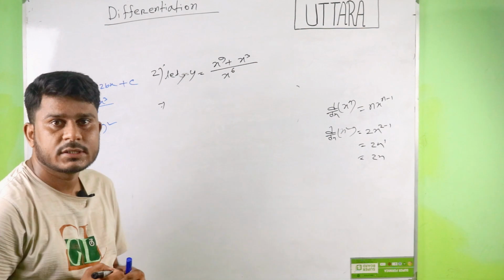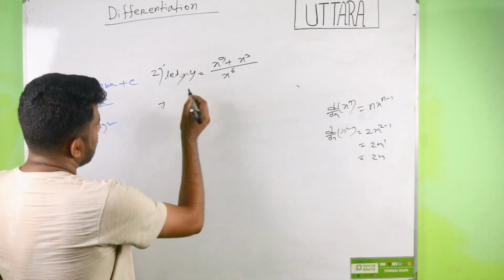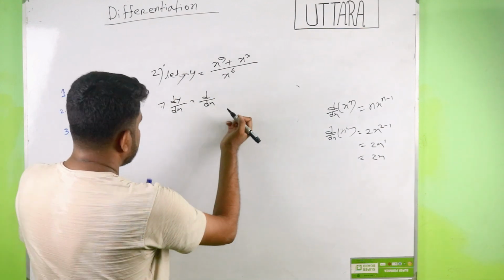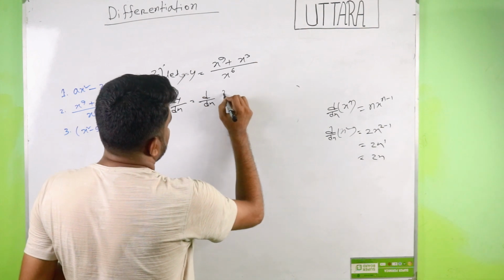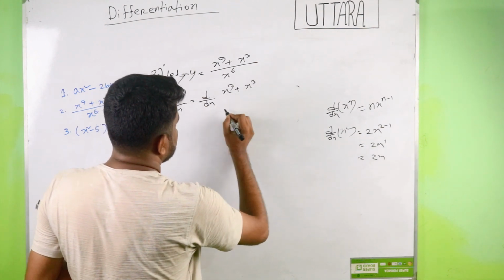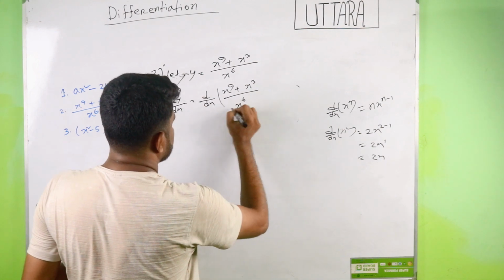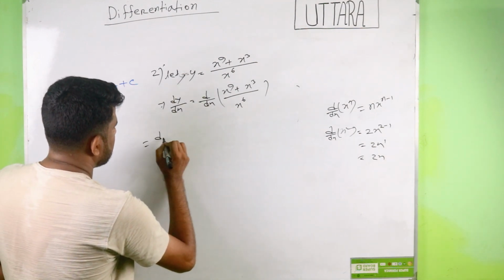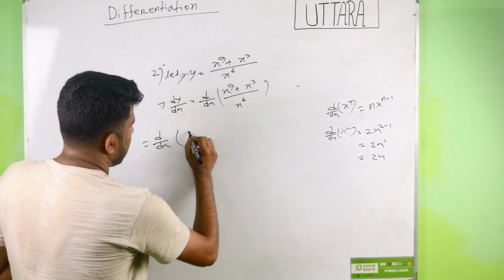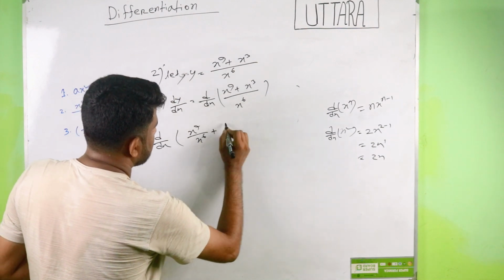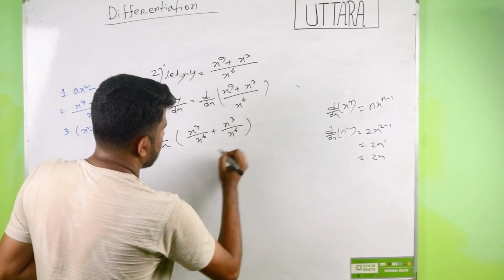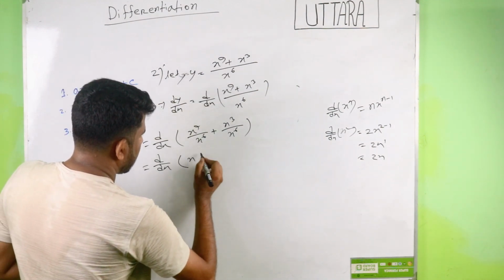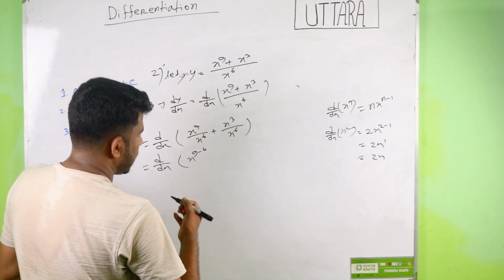If we differentiate with respect to x, dy by dx equals d by dx of x to the power 9 plus x to the power 3 times x to the power 6. Before differentiating, we have to simplify this. We can write x to the power 9 over x to the power 6 plus 3 over x to the power 6, that is x to the power 9 minus 6, using indices.